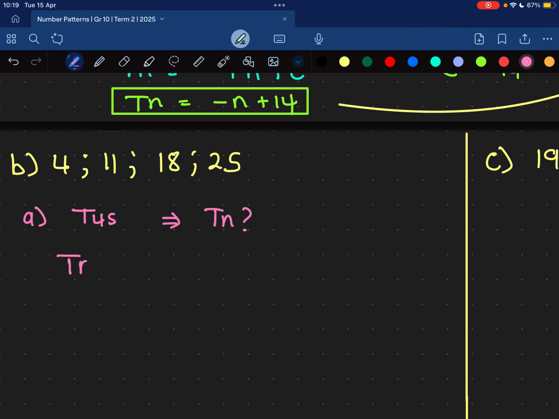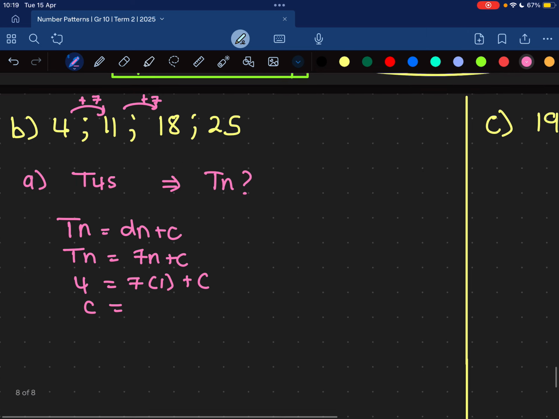So Tn is equal to dn plus c. I can see the difference is that I'm just going to be adding 7. So Tn is equal to 7n plus c. So 4 would be 7 times 1 plus c.